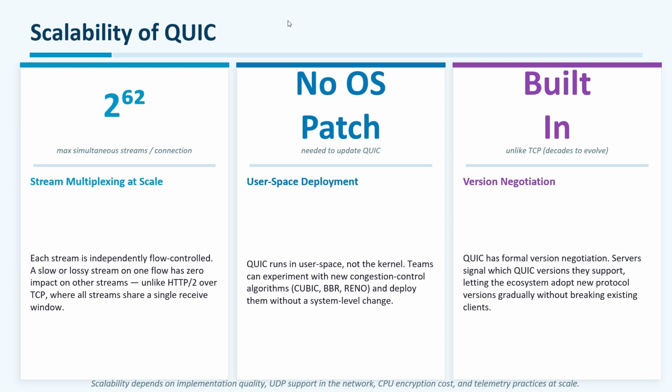QUIC has a formal version negotiation mechanism built into its protocol. A server can signal to the client which versions it supports, allowing the ecosystem to adapt to new protocol versions gradually. While breaking backward compatibility, this is a significant improvement over TCP, which has taken decades to evolve due to middlebox associations.